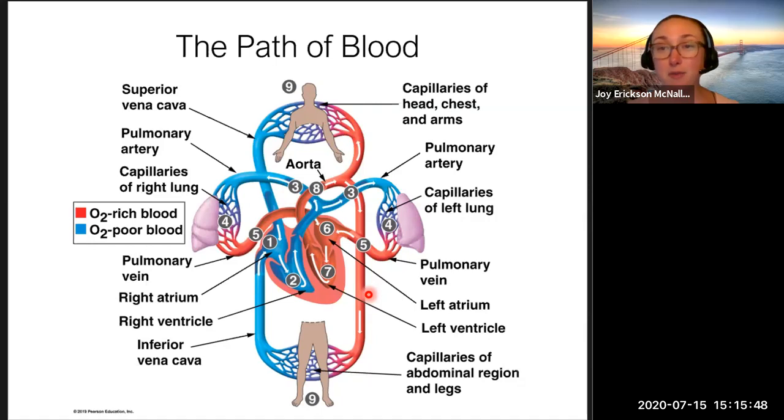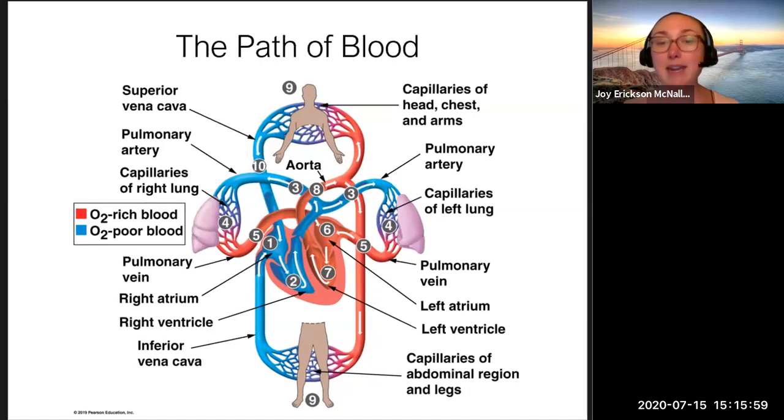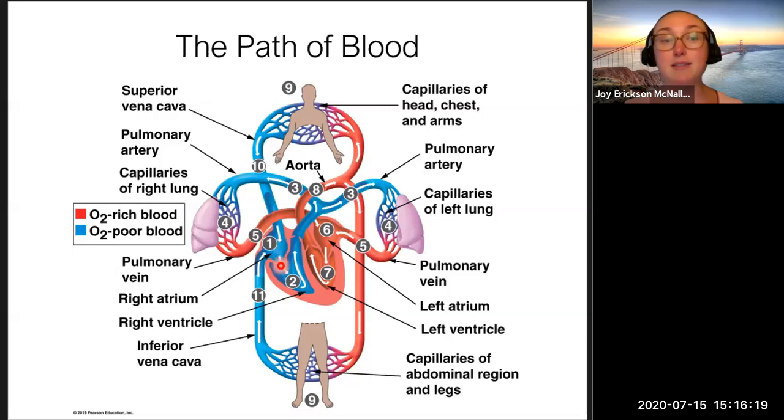After we've deposited that oxygen or taken in that CO2 back into the blood, capillaries join into venules, which send blood back into veins. Step 10, oxygen-poor blood from the upper body is returned to the superior vena cava. And again, at the lower body, it's returned to the inferior vena cava. And both of those return blood to the heart, completing the systemic circuit.